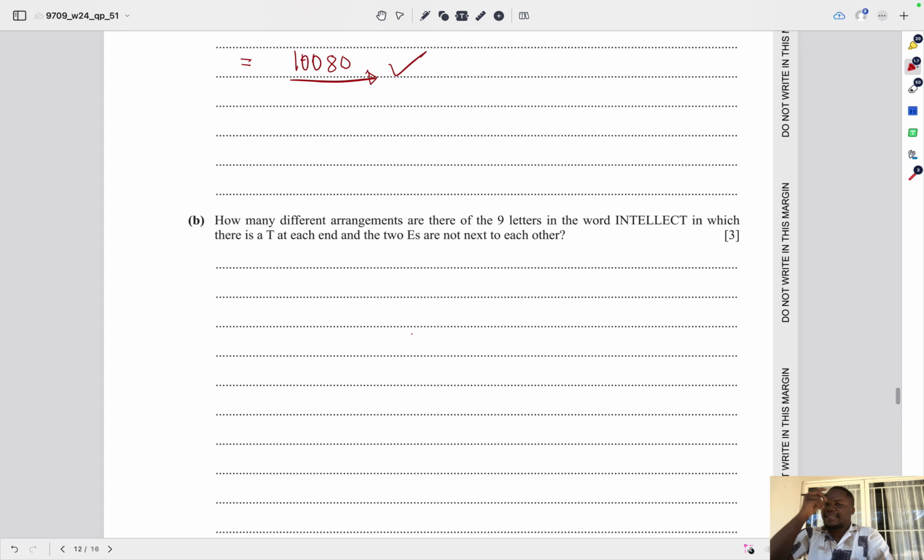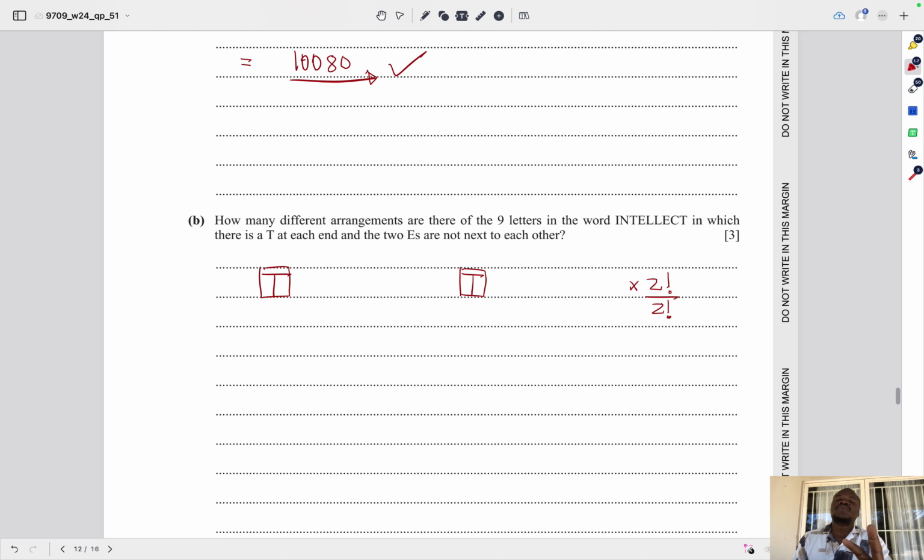So we've been told that there is a T at each end. So you can put the T's there, okay? Fixed T's. Remember, at some point we are going to multiply this by 2 factorial ways in which the T's can swap amongst themselves. But again, they are repeating T's, so this will not count.